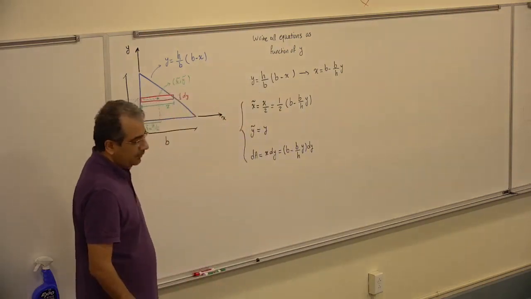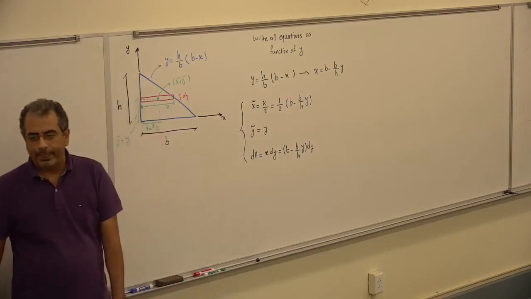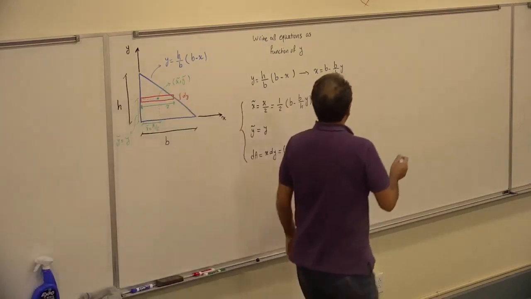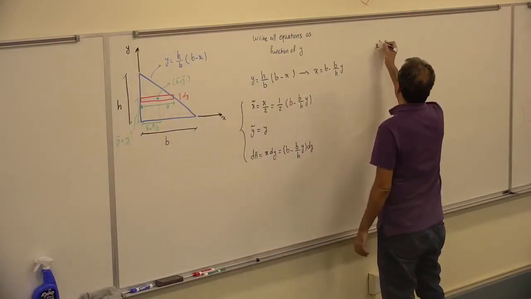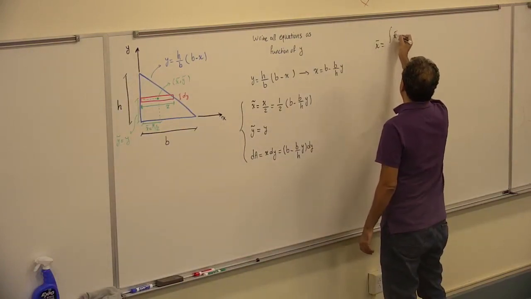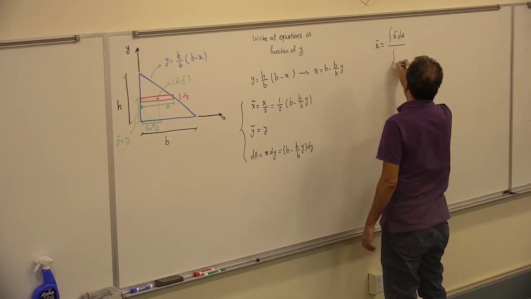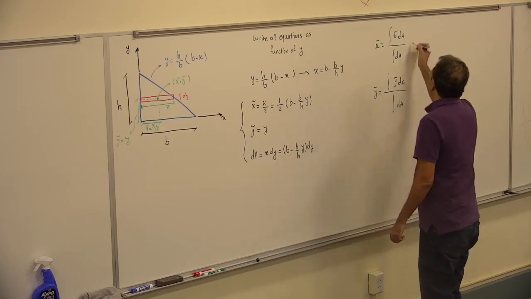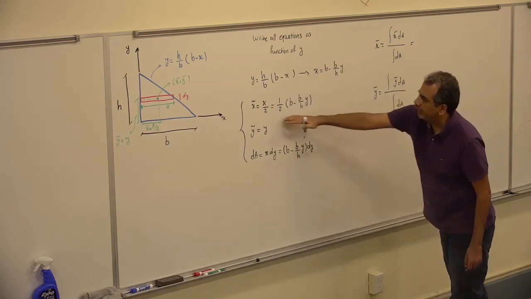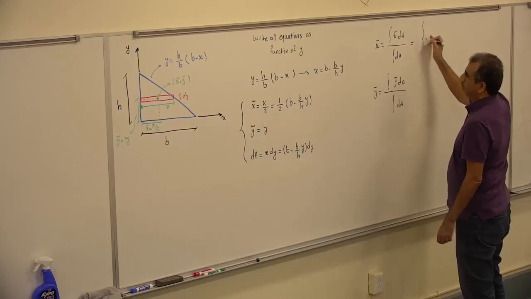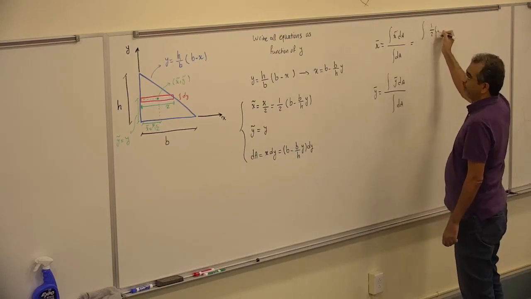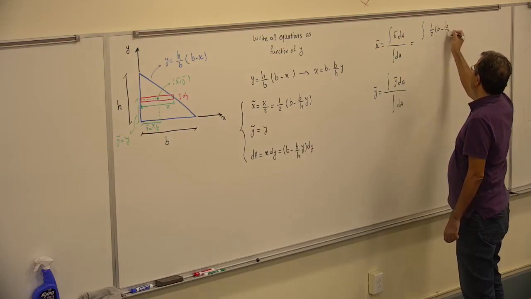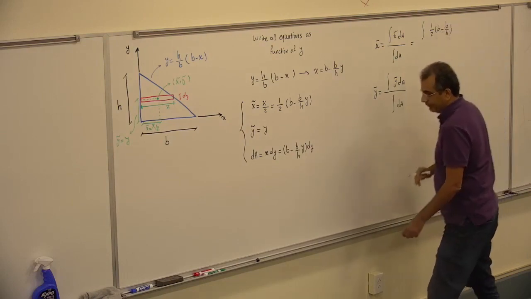So these are the values I need. Now for the x bar, it's going to be the integral of x tilde dA over the integral of dA, and y bar is the integral of y tilde dA over the integral of dA. So x tilde is half of b minus b over h y.